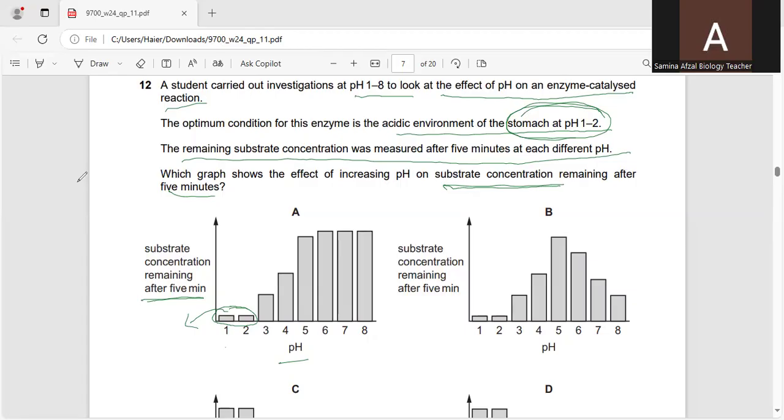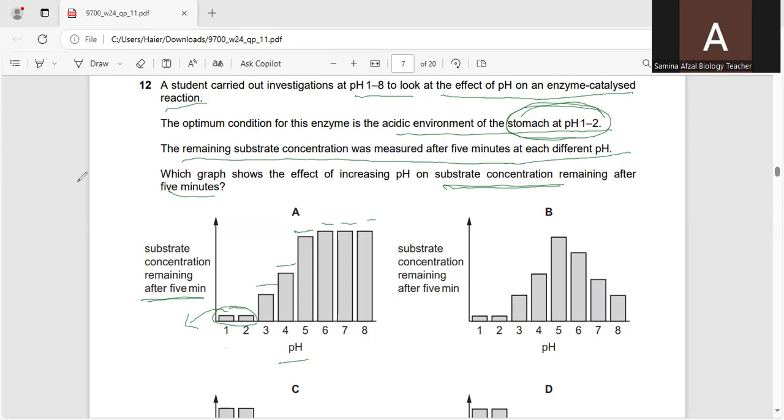And as you can see, the substrate concentration is increasing as the pH is increasing. It means digestion is not taking place as the pH is not acidic, it is going towards the alkaline nature. Digestion is not taking place because enzymes are specific in nature, and pH is specific for the enzyme.